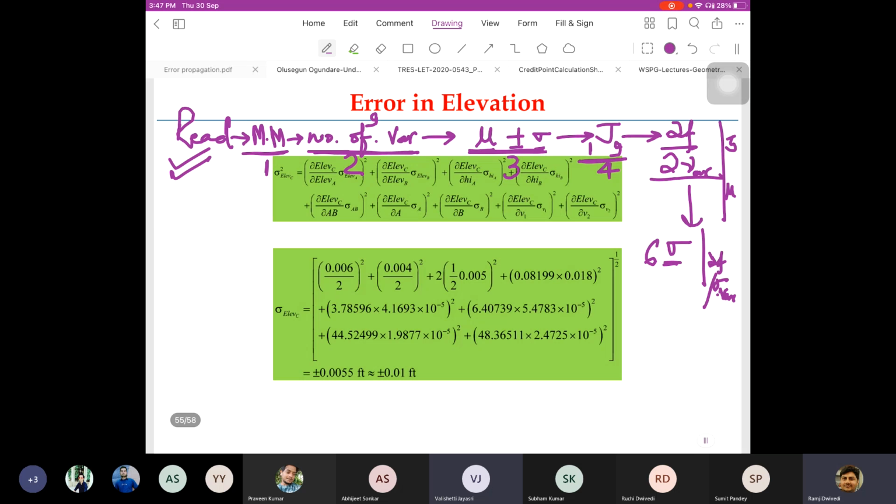Frankly speaking, if you follow the derivation, in the Mikhail and Gracie book itself there is a place where the derivation is given. If you go by derivation, the answer would come as n minus 1. Why? Because you are taking the mean also as one of the inputs in your whole computation.